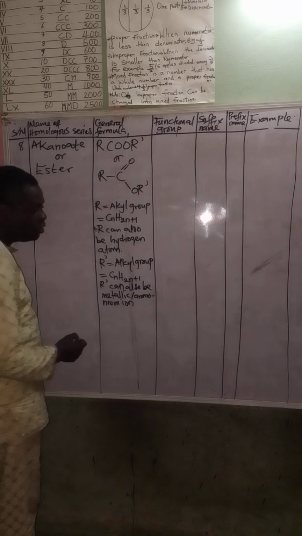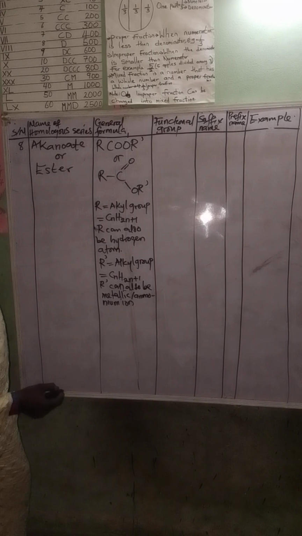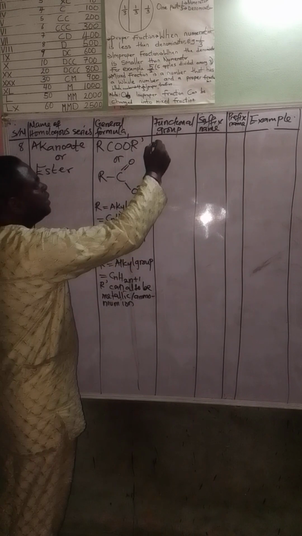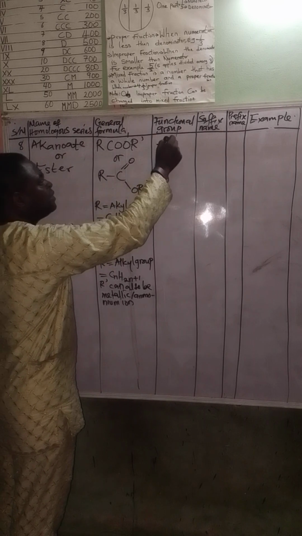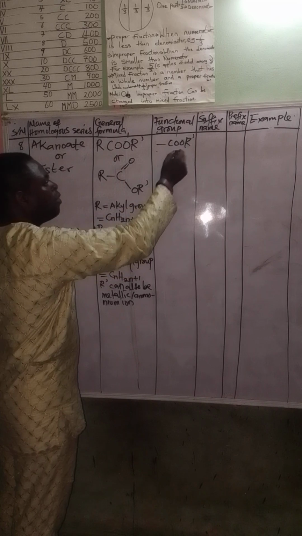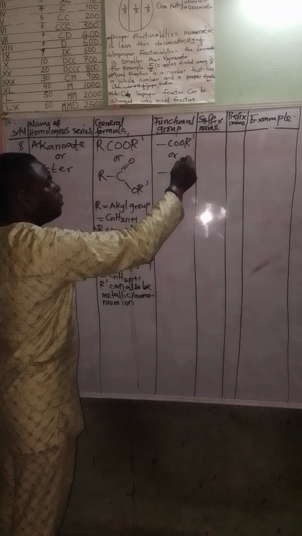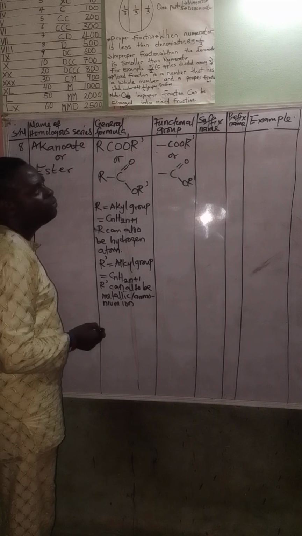Now, the functional group of this is what? Remove the alkyl group. What you have is COOR prime. That's the functional group.